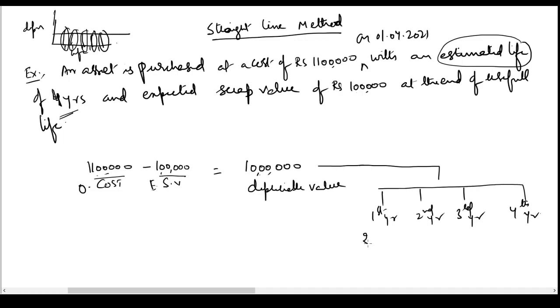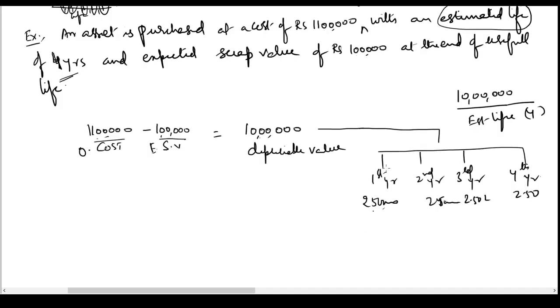So we'll charge 2,50,000 rupees every year. How did I arrive at this 2.5 lakh? I divided the depreciable value by the estimated life, which was 4 years.